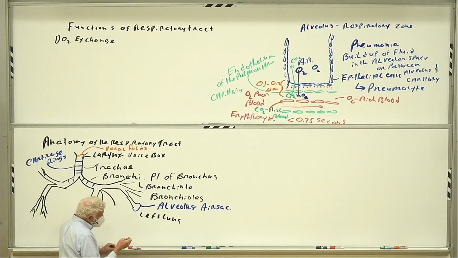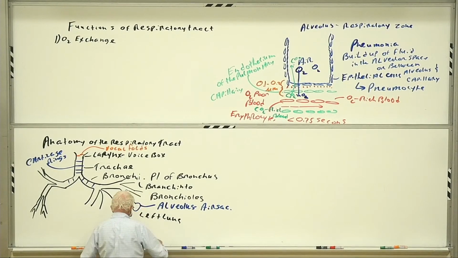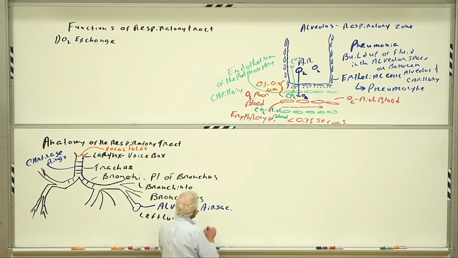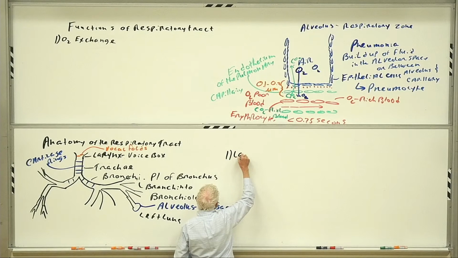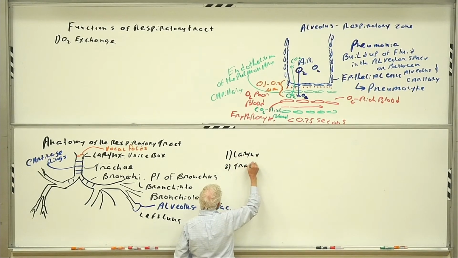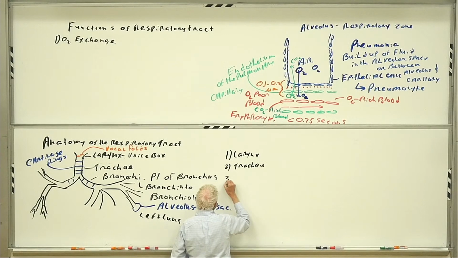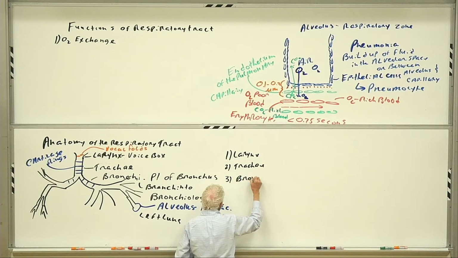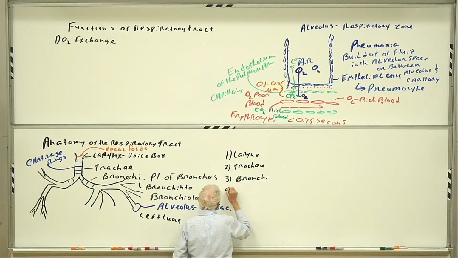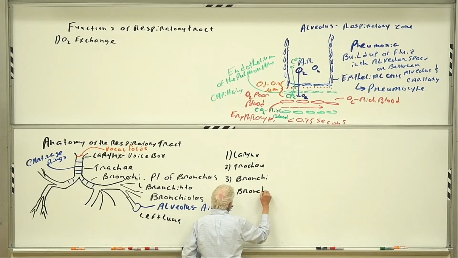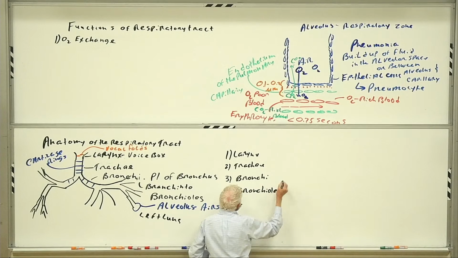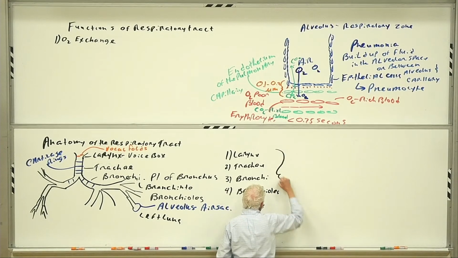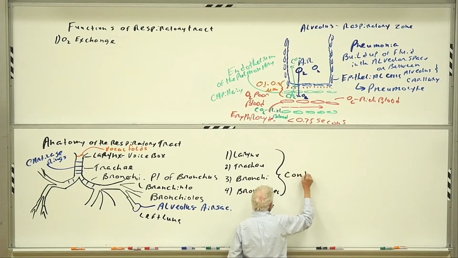So this entire system, the larynx, the trachea, the bronchi, and the bronchioles, taken together, these are said to be the conducting zone.